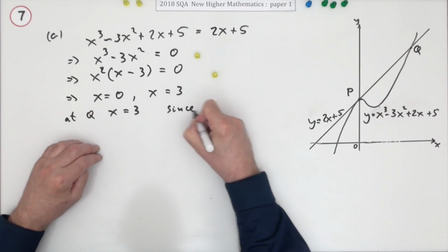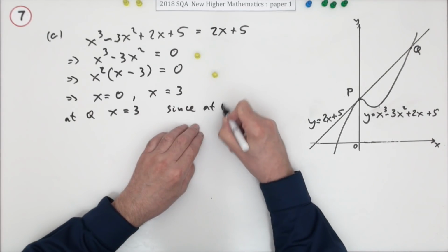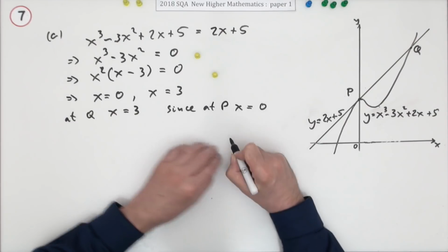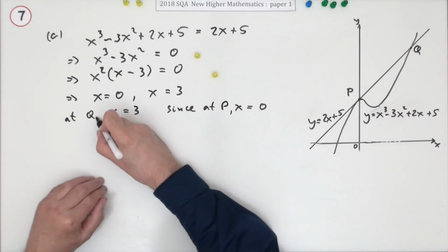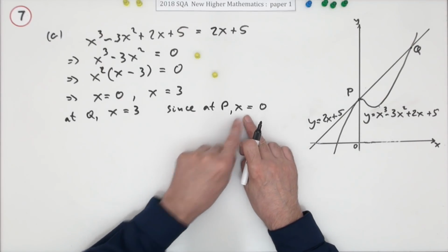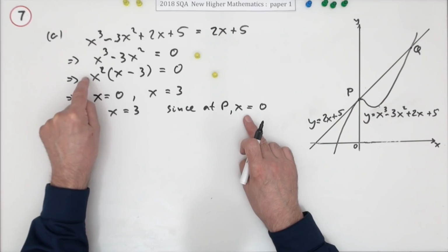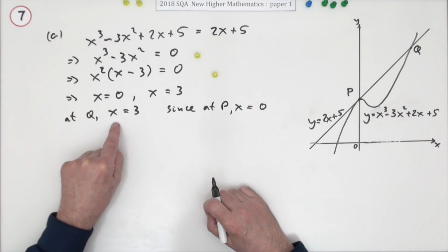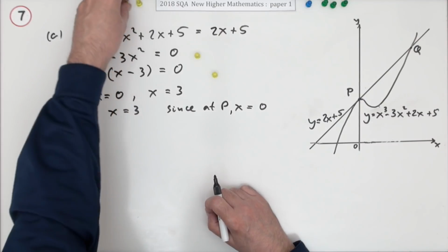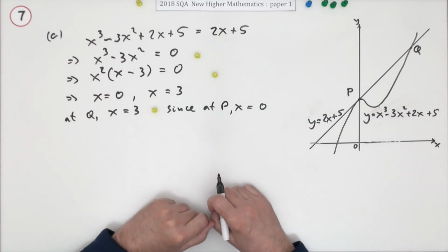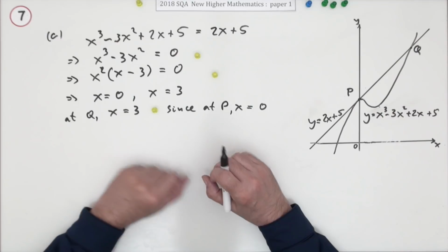I'll give the reason, but I don't see this in the marking scheme. Since at P, that's the one that had x equals 0. You could tell anyway that x equals 0 belonged to a tangent because that's a double root. Look, it's there twice. Now, stating the x coordinate of Q, knowing which one it was, and I'd also give a reason, is worth a mark.